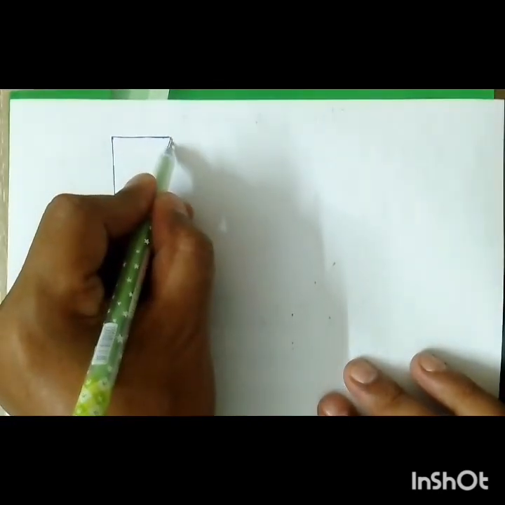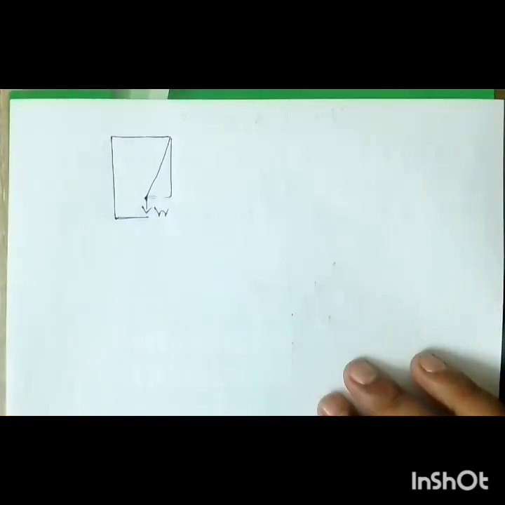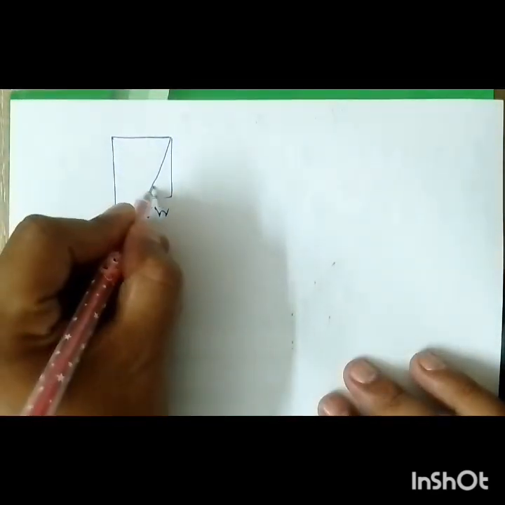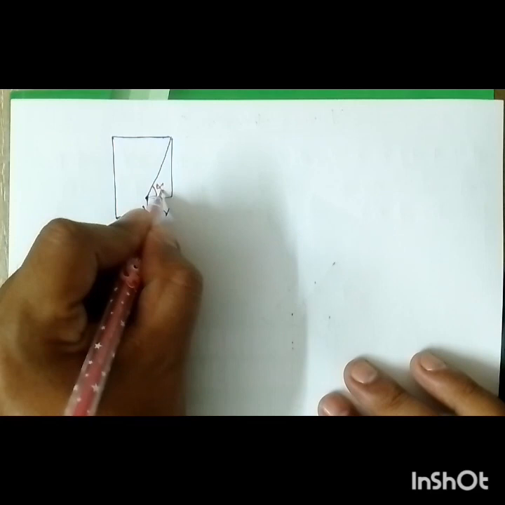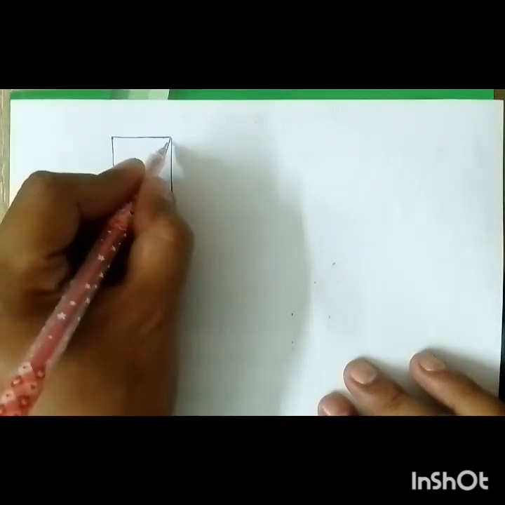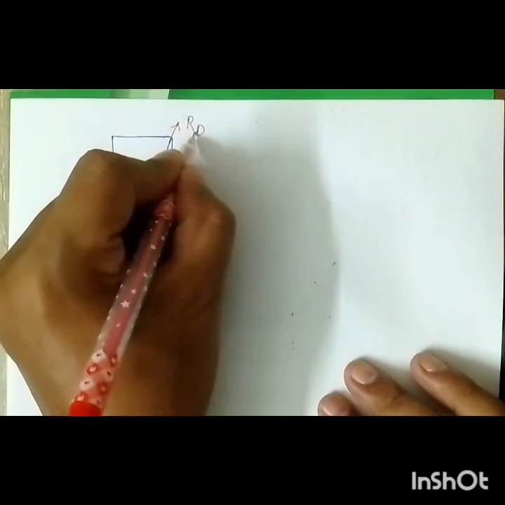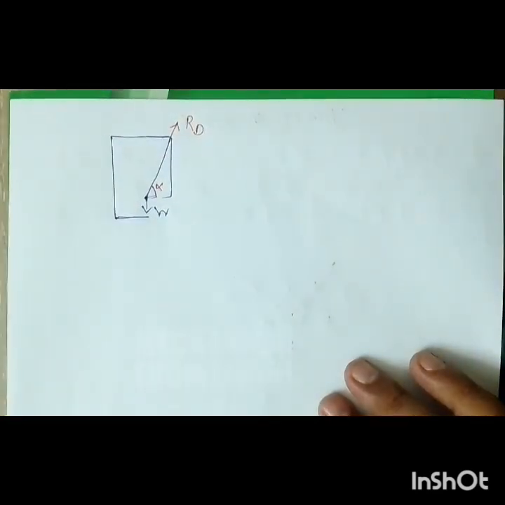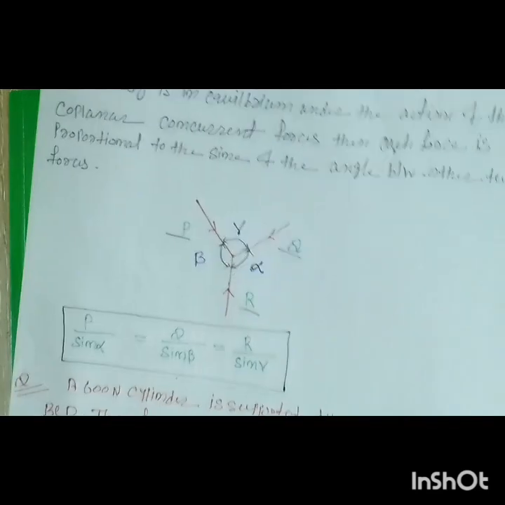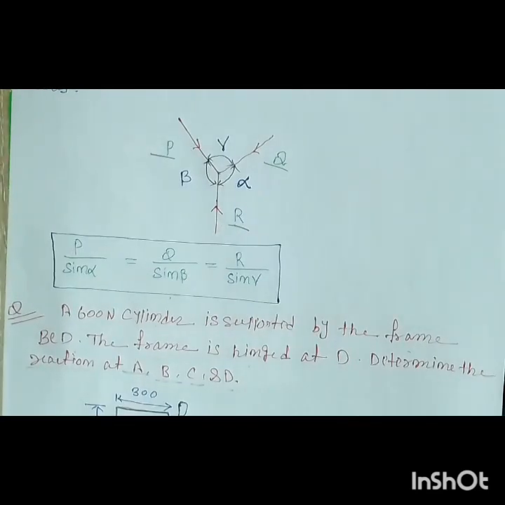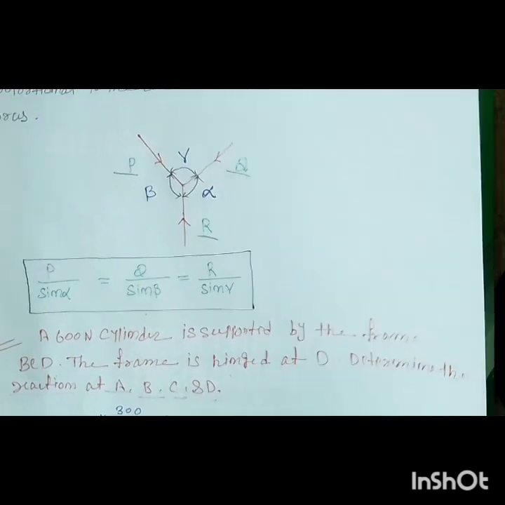If I draw like this, you can see a triangle is formed. Let's say this angle is alpha. So the reaction RD will act like this. And your RC will act towards this side, and RB will act in the downward direction.